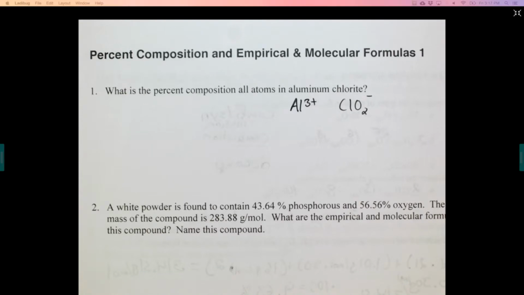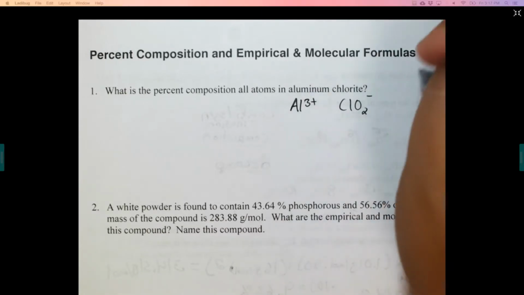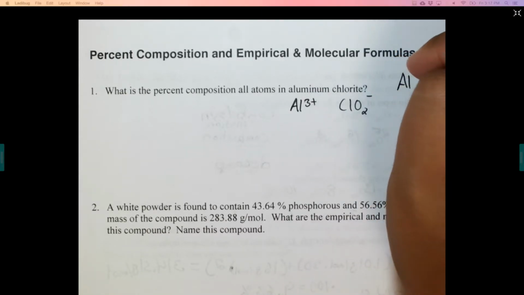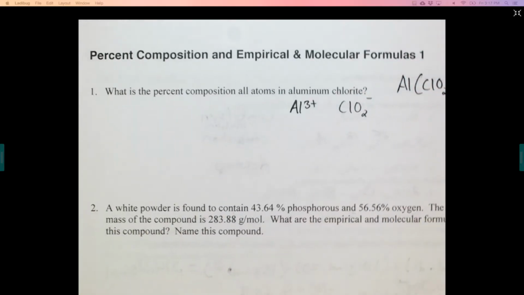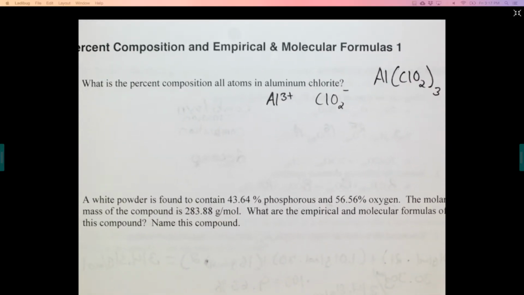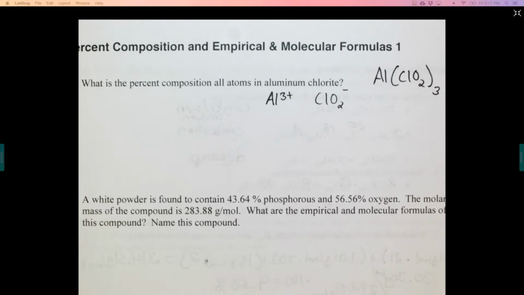So if that's the case, then our compound is aluminum ClO2, and we need 3 of them, right? We need 3 of them to create a balanced, zero charge, empirically formulated ionic compound.